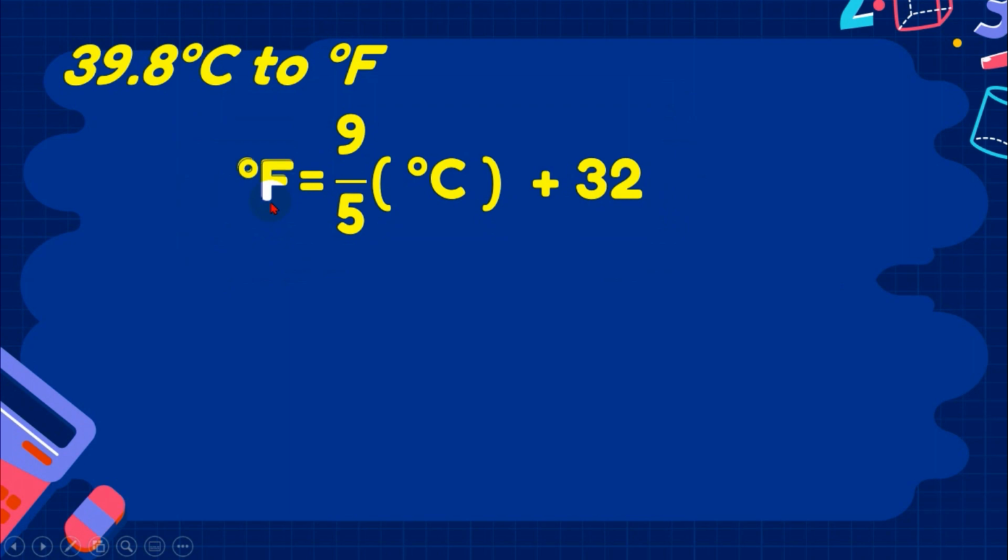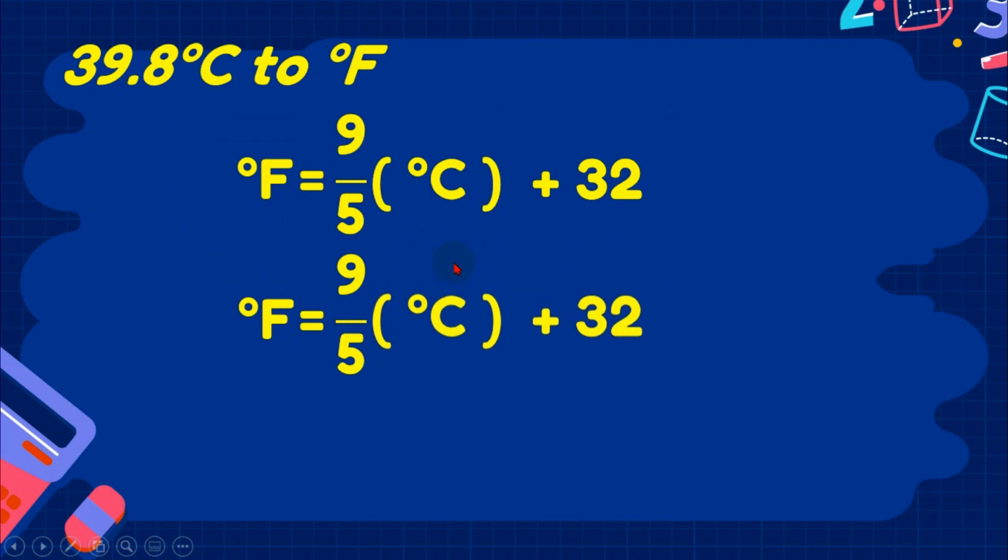Then again, you just bring it down. Parang copy-paste lang. Then, bring down again the equals. Bring down the 9 over 5. Then, bring down the given next formula. Hindi tayo pwedeng mag-breakdown na lang lahat. Inaalam natin kung ano yung katumbas ng 39.8 degrees Celsius sa degrees Fahrenheit.